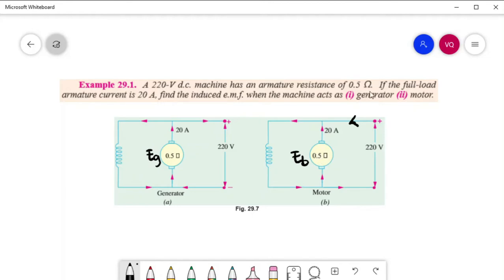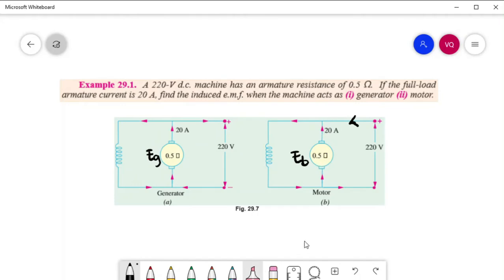The armature current here is equal to 20 amperes and the armature resistance is 0.5. Find the induced EMF, or the generated EMF in the generator, and the back EMF in the motor.